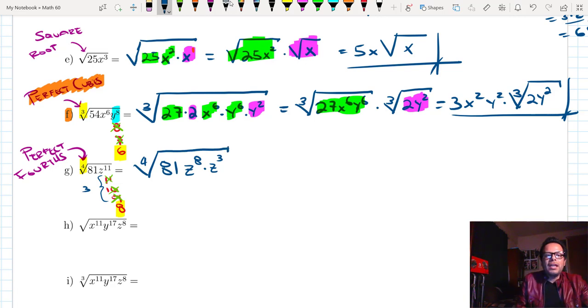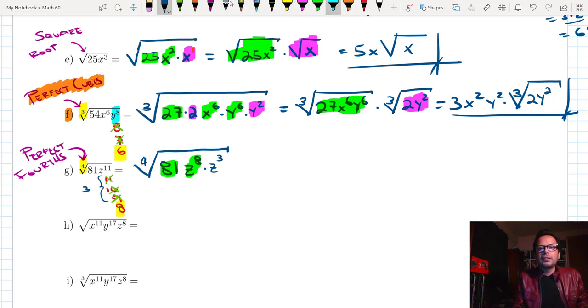Okay. Now from here we are going to highlight not the perfect squares, not the perfect cubes, but in this case the perfect fourths. When we do that, we get to highlight the number 81 because that's a perfect fourth, and the variable z to the 8th power.